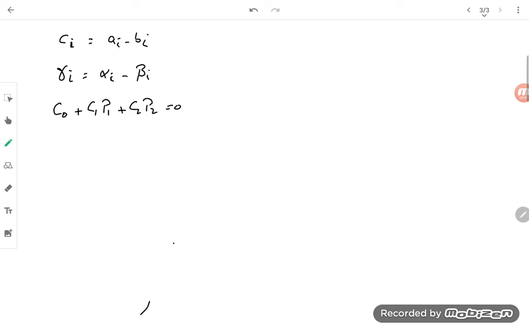And the same with respect to gamma, it will be gamma node plus gamma 1 P1 plus gamma 2 P2 equals 0.